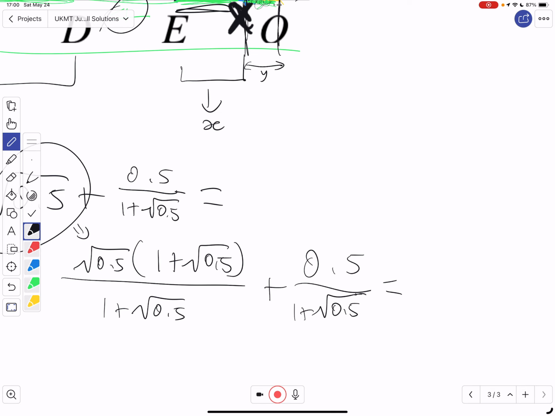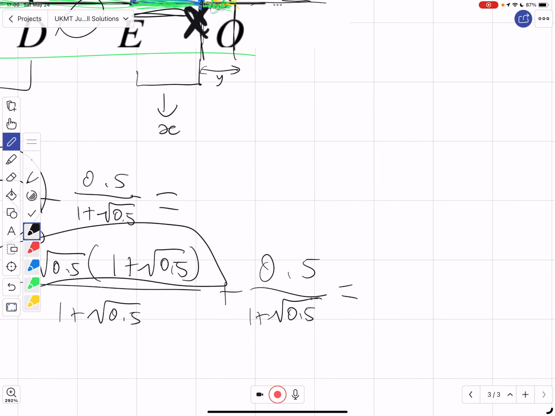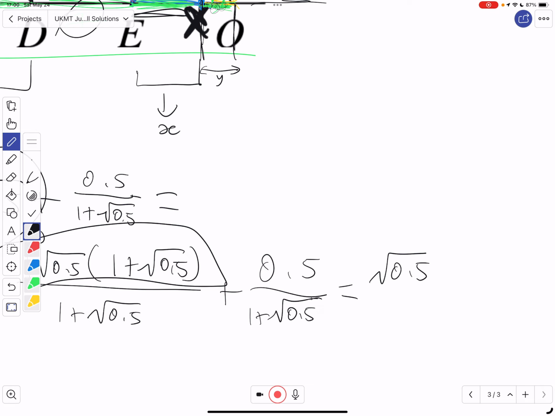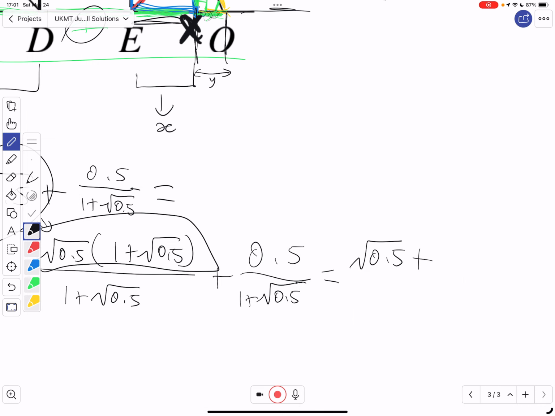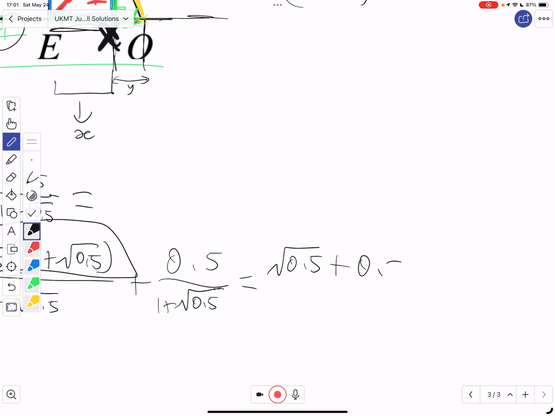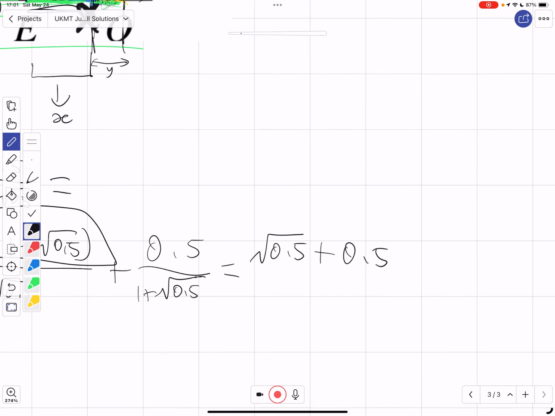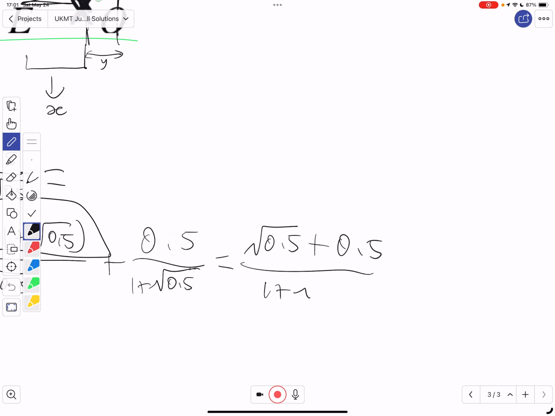Simplifying this, we get the square root of 0.5 plus the square root of 0.5 times the square root of 0.5, which is just 0.5. You get that? Okay. And then over 1 plus the square root of 0.5. And ready? Plus 0.5 over 1 plus the square root of 0.5.